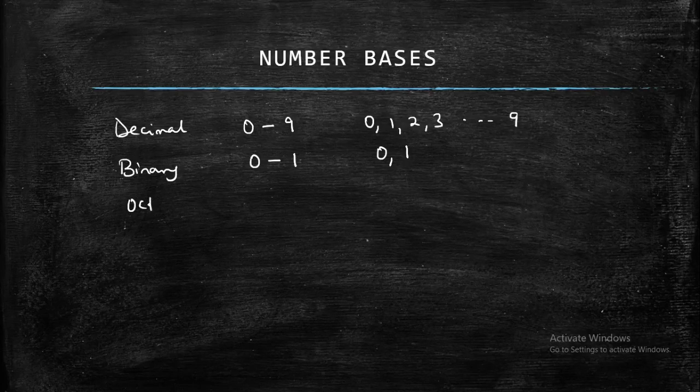Then we have octal bases. Octal means base 8, so we have a range of numbers from 0 to 7. We are not going to write down the 8.